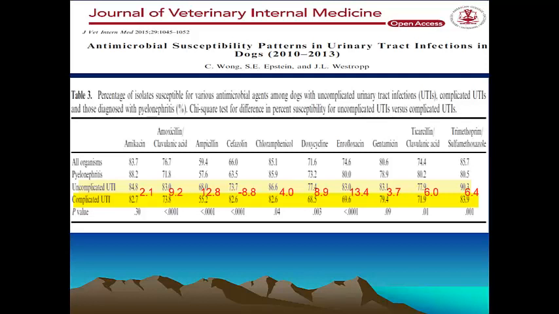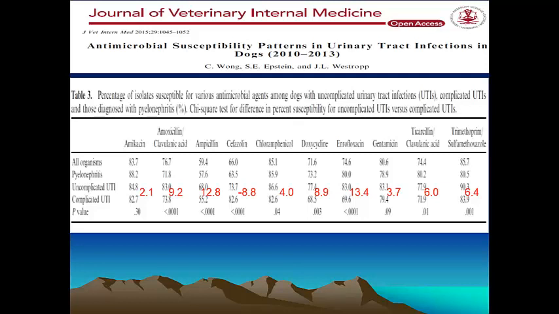And not by a great margin, though, but if you look maybe just between 2% for amikacin, all the way up to 13.4% for enrofloxacin. But that already tells you that animals with complicated urinary tract infections may have been recurrent or been treated previously with some kind of antimicrobial.